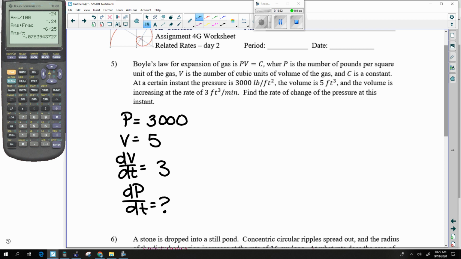All right, so PV is equal to C, where C is a constant. So the derivative of this is the product rule. This is the derivative of P, so that's dP/dt times V, plus P times the derivative of V, dV/dt, is equal to the derivative of a constant, which is 0.